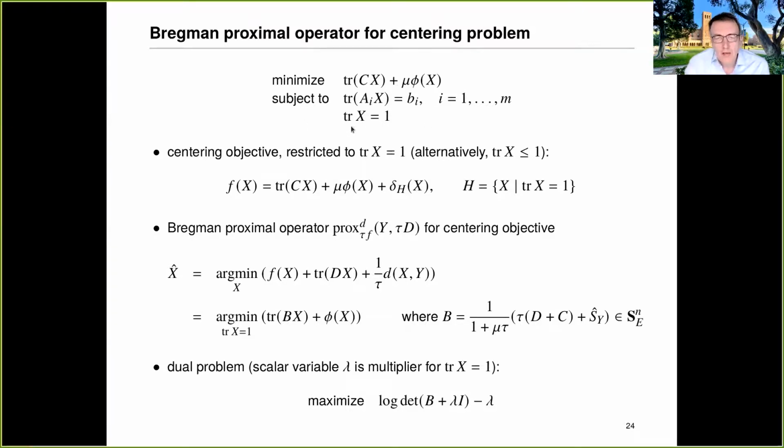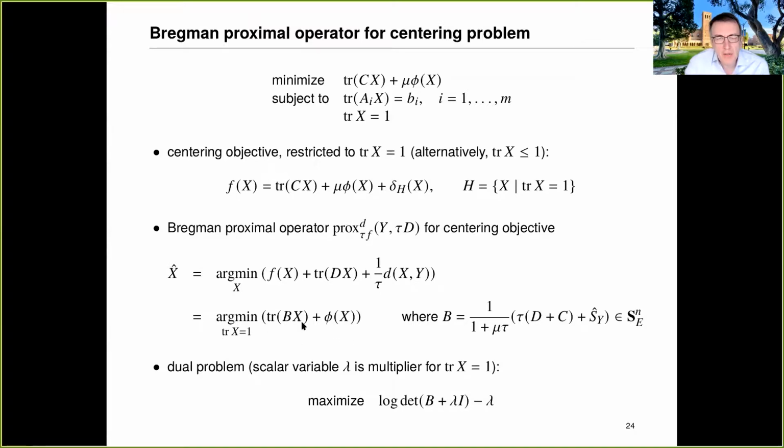You could take the trace of a positive definite matrix times X, or this could be an inequality to bound the solution set. And then again, to compute the Bregman projection with the barrier kernel, we have to solve, in this case, a problem of this form.